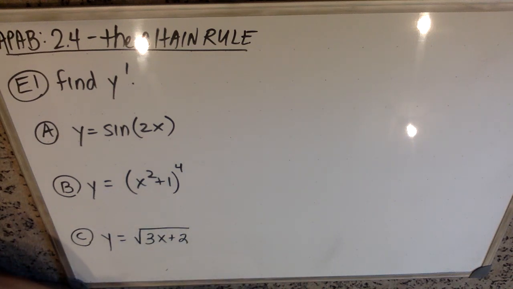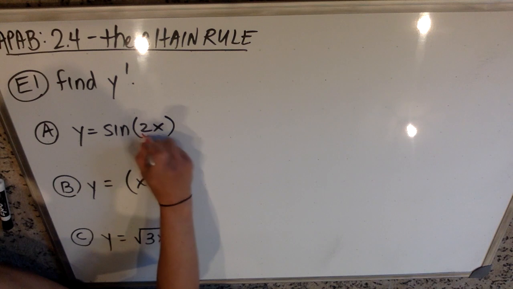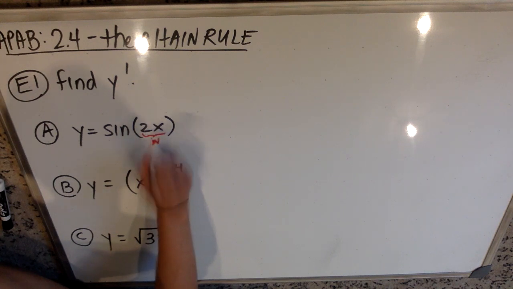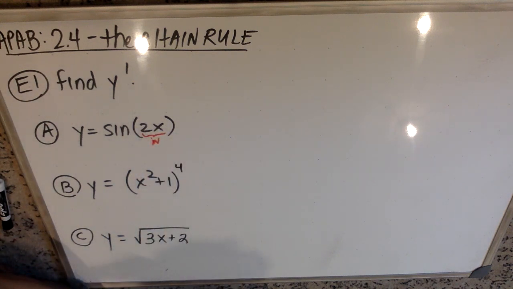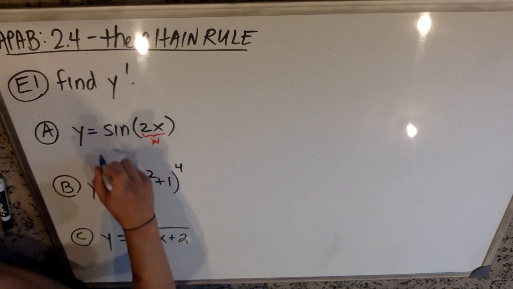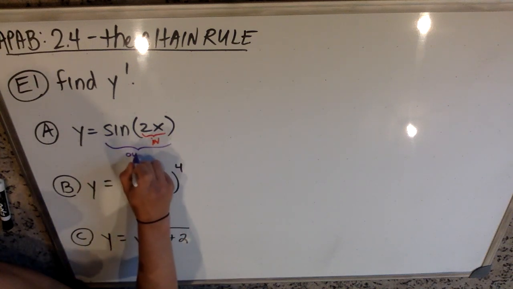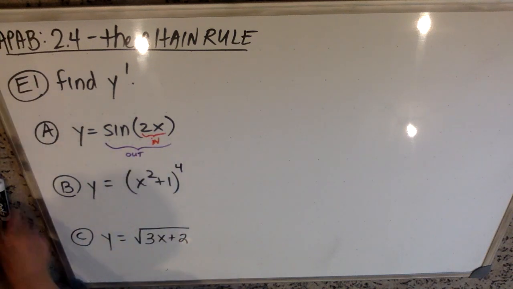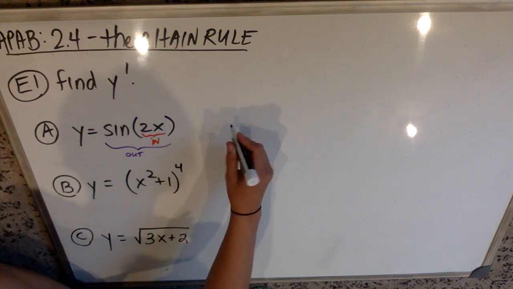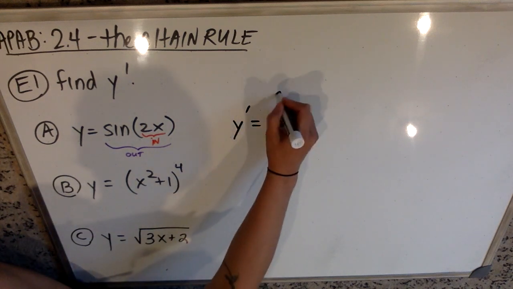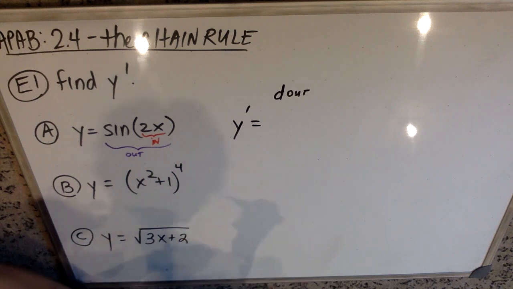Again, the trick here is to recognize that there is a function inside another function. The inside function is usually the function that has the x. So I'm going to color code a little bit and say, look, the inside function is the 2x, which makes the outside function sine of stuff. When I want to find my y prime, it's going to be the derivative of the outside, which I sometimes just write as d out.